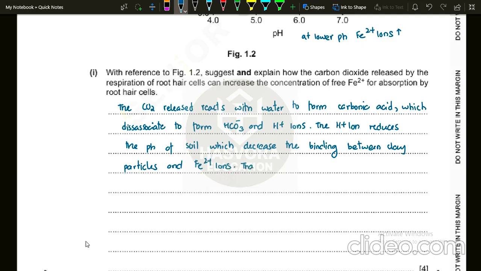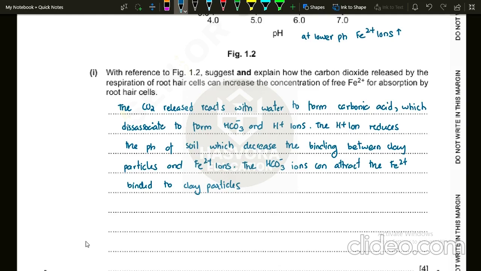And you can additionally write that the HCO3- ions can attract the Fe2+ bound to clay particles. So when it attracts the Fe2+ that is binding to the clay particles, it is actually freeing it from that attraction with the clay particles, so it becomes a free Fe2+ cation that is able to be absorbed.